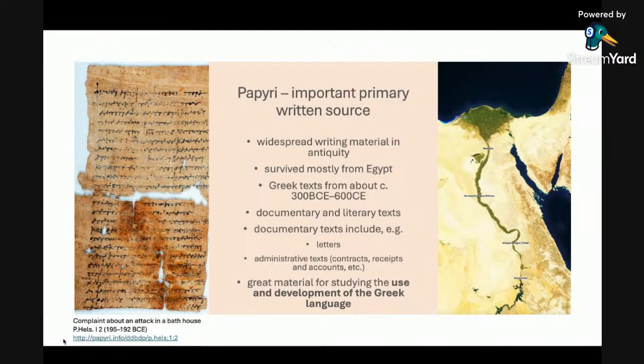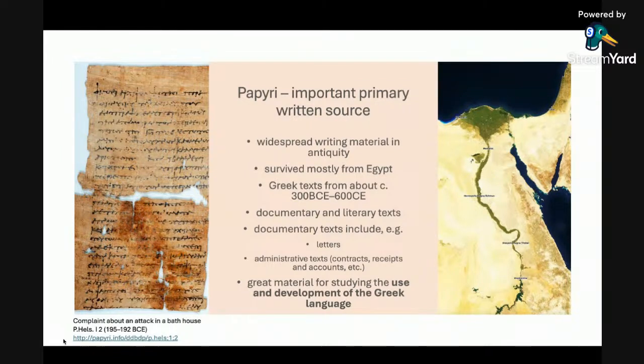But Greek was the language used in Egypt after the invasion of Alexander the Great, so after around 300 BCE. And then Greek was used also during the Roman period, but after the Arab invasion, Greek quite rapidly fell out of use. Anyway, the period of Greek language used in papyri spans roughly 1,000 years.